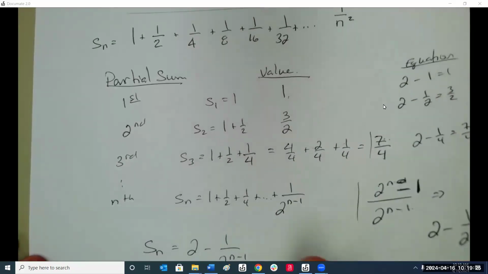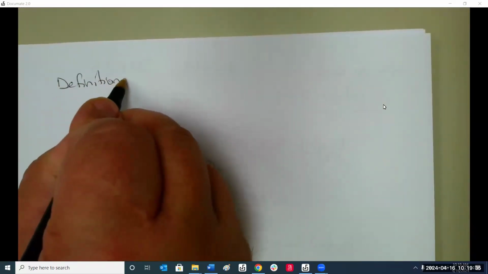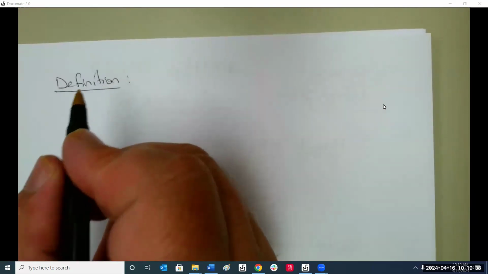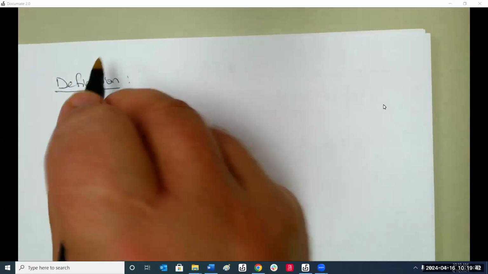So the definition, using the last example.